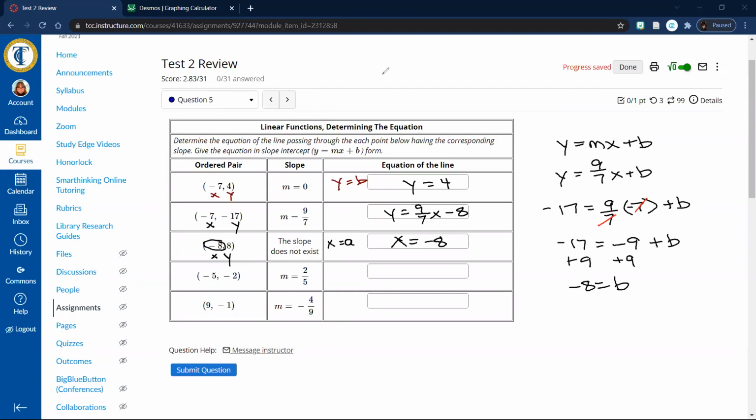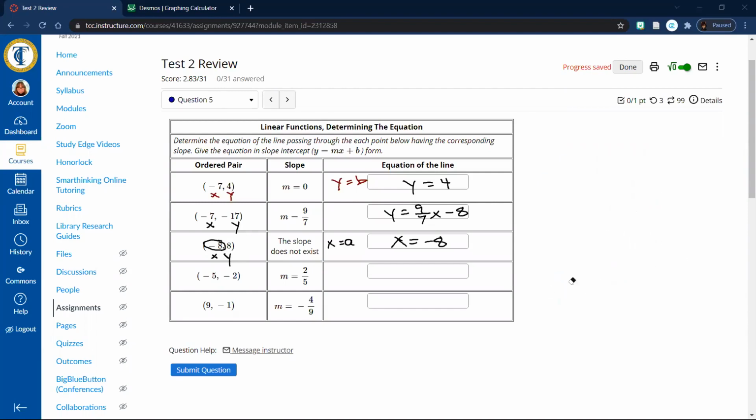For this next one, we could set it up exactly as we set up the second one. But what I'd like to do is use the point slope formula to show you an alternative. Previously we solved it by plugging in an x and y to y equals mx plus b. This time we'll bust out the other formula that you have been working with, which is y equals m(x minus x1) plus y1.